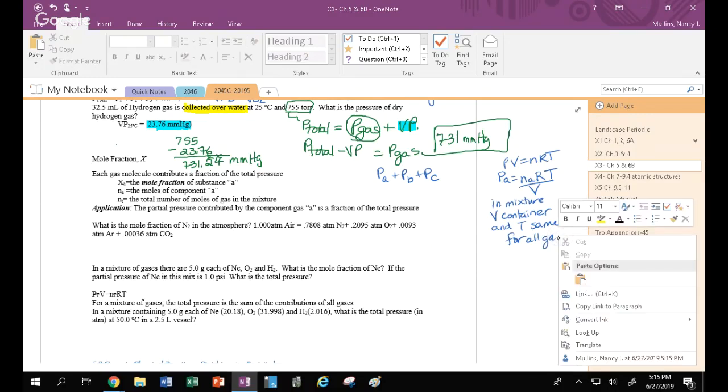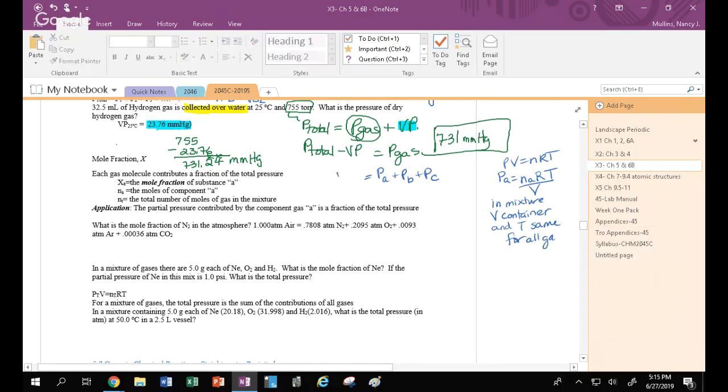So I could say that the pressure total was a function of factoring out my constants, RT over V, moles of A plus moles of B plus moles of C, that the total pressure is a function of the fact that I have differing amounts of each thing.